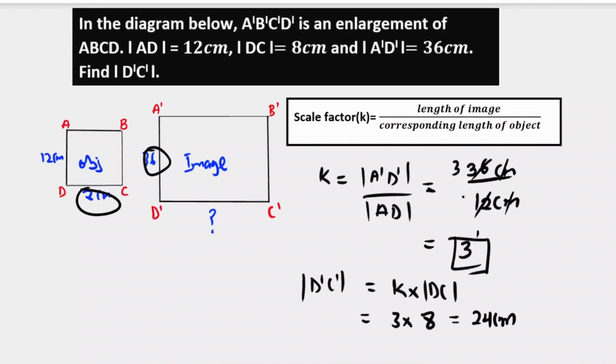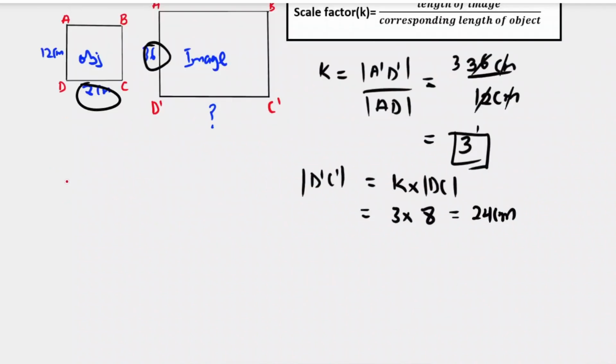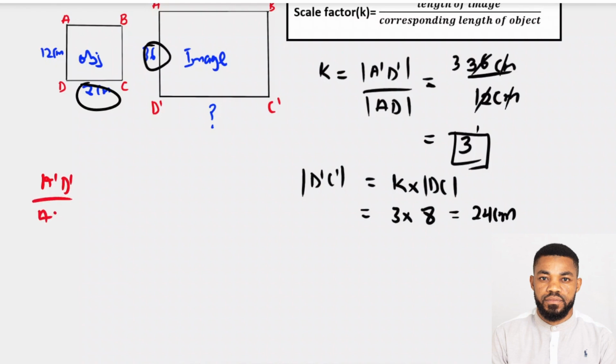Now we can use a different way to get D1C1. So let me use that one here. We can set up equivalent ratios. We know that A1D1 out of AD, these sides are corresponding, and it is equal to D1C1 out of DC. I've used this because D1C1 is the side I'm looking for.